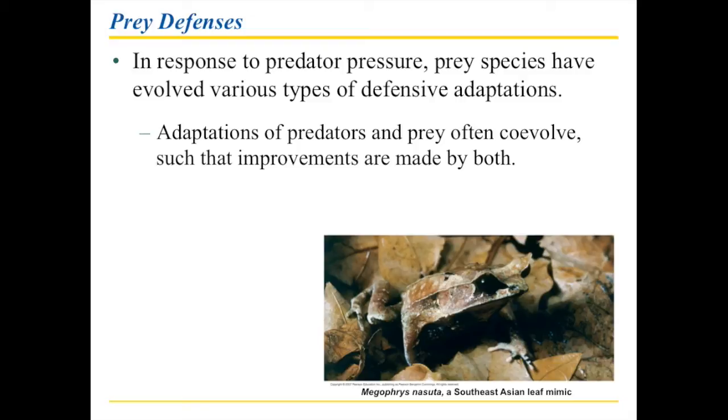And so down there you can see this species of frog. That's a leaf mimic. And when you try and find these in the jungle at night, they are really difficult to find because they literally look like a leaf. The only way you could find them is by following their call. These are frogs, so the males call.